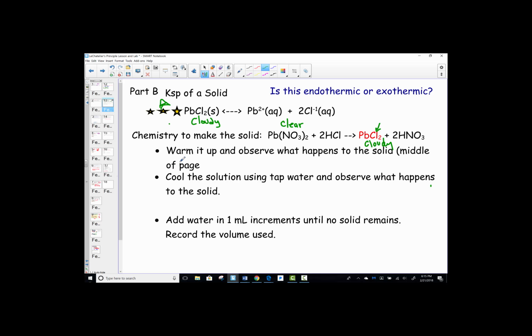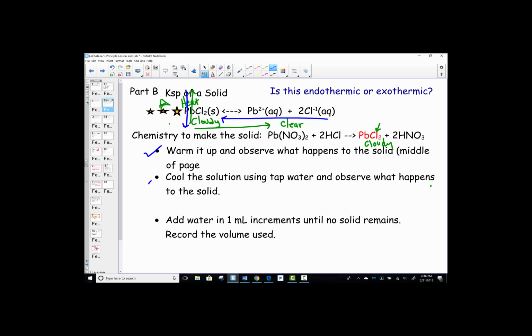If we heat up this reaction, adding heat, you're going to see the cloud disappear. The aqueous ion side will be favored. If you cool it down, you're removing heat, you'll see the solid cloudy particles reappear.